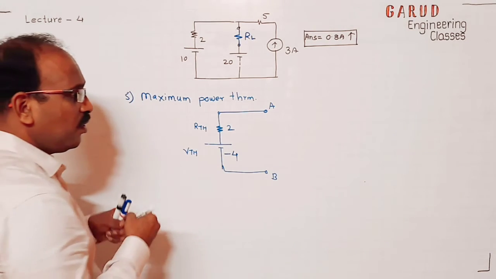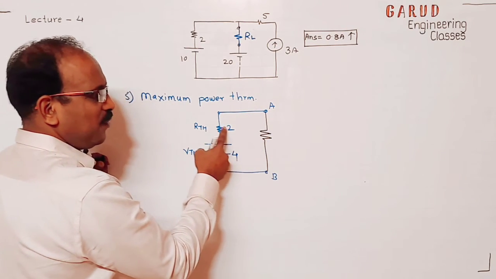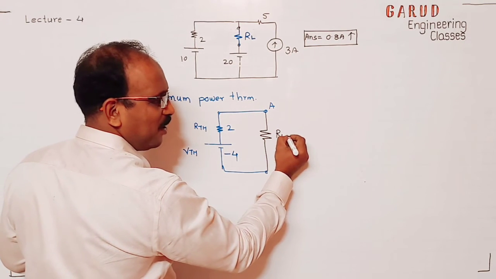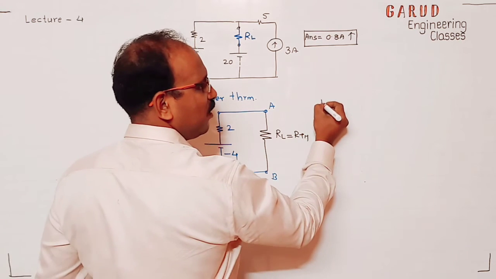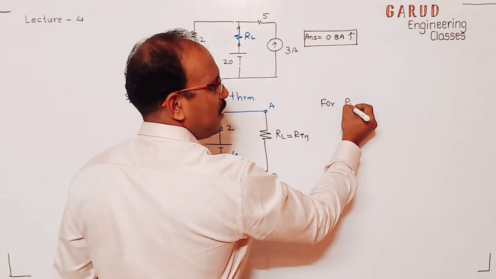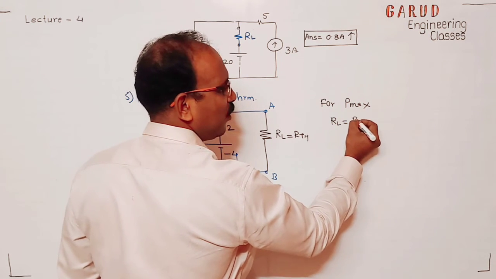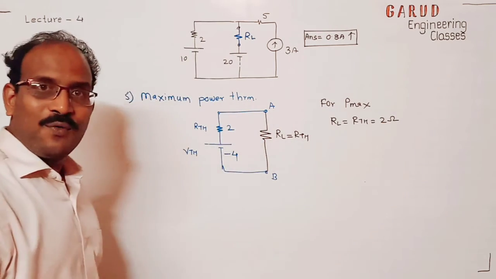For maximum power transfer, the load must equal the Thevenin resistance. So RL must be equal to RTH, which is 2 ohm. And what is that power?